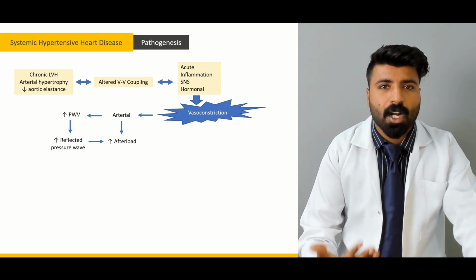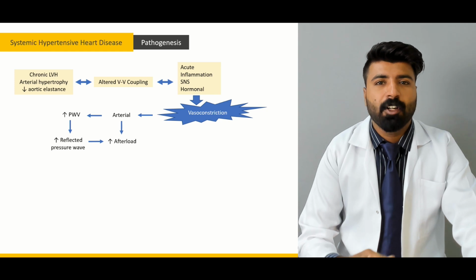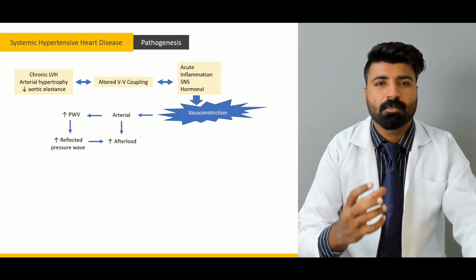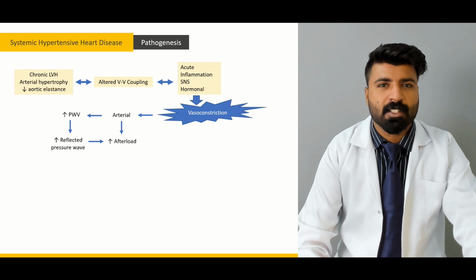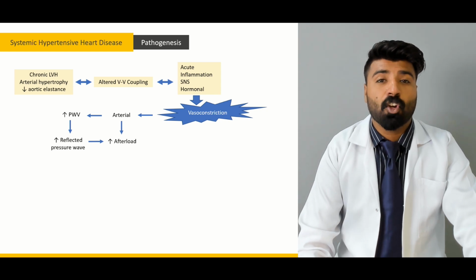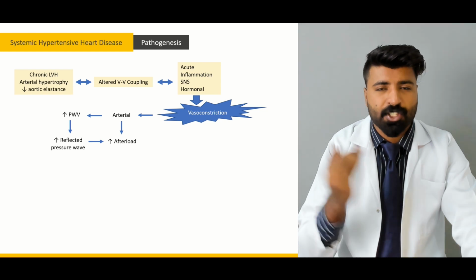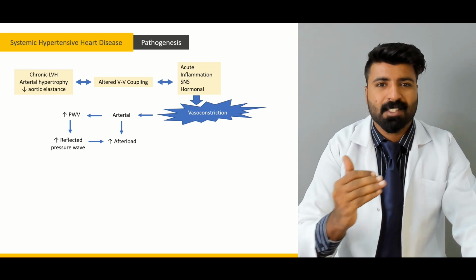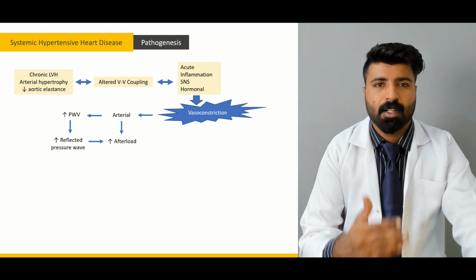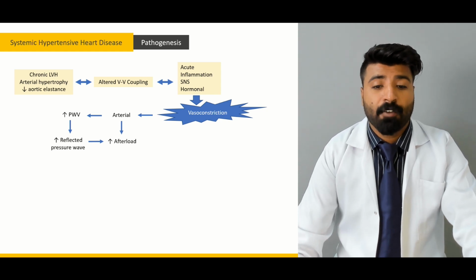Afterload may increase, afterload may decrease. Afterload is actually, you can call it a reading of resistance. For example, in a normal person, it's 120. So the heart has to get up to the level of 120 and eject the blood. Whenever it surpasses that afterload, it ejects the blood. Now the afterload is increased.